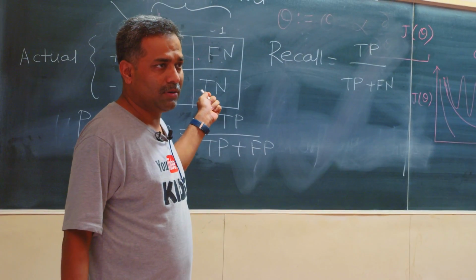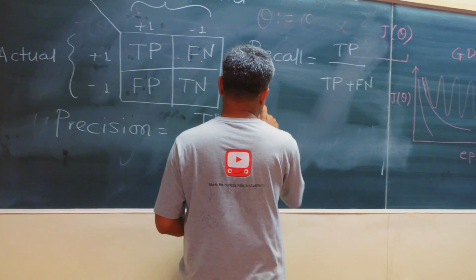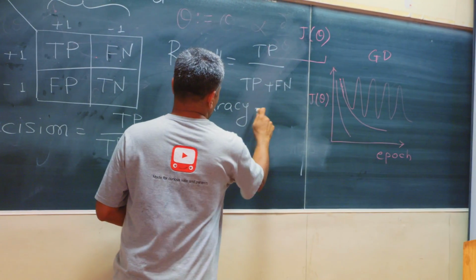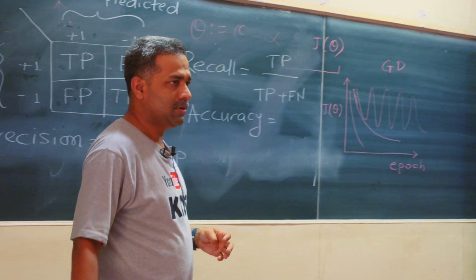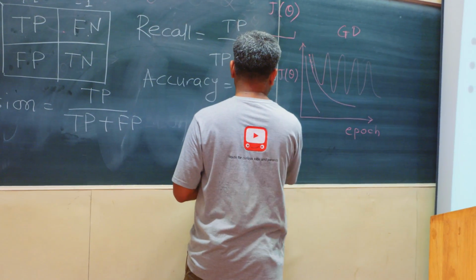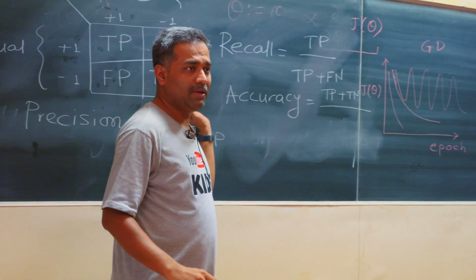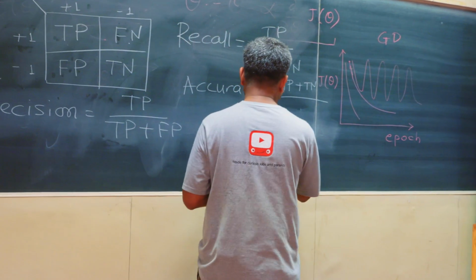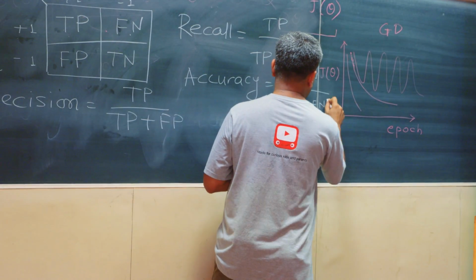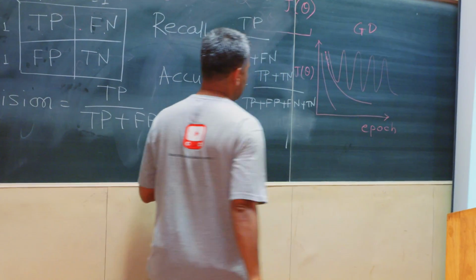Got it? And what is the accuracy? Tp plus Tn divided by everything, right? Tp plus Fp plus Fn plus Tn.